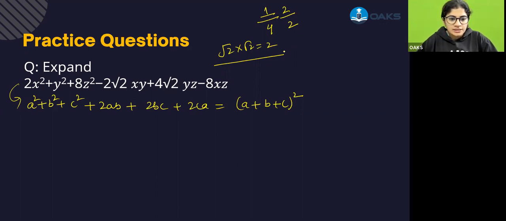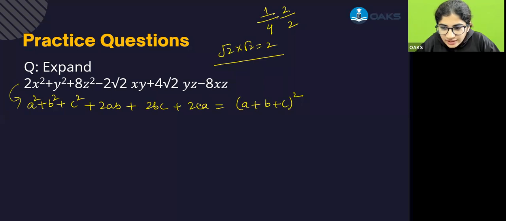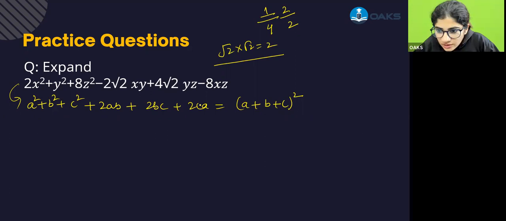Okay, great. Okay, I'm trying to see a little bit on this side. Okay, I'm seeing 2x plus y plus 5z. Which question were you doing? This question, 2x square plus y square plus 8z square. Yes, ma'am.